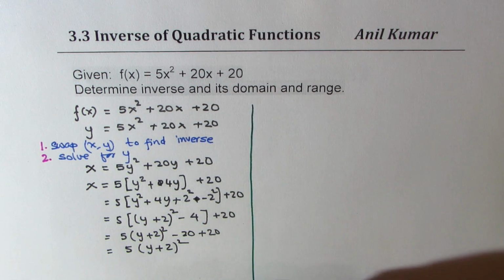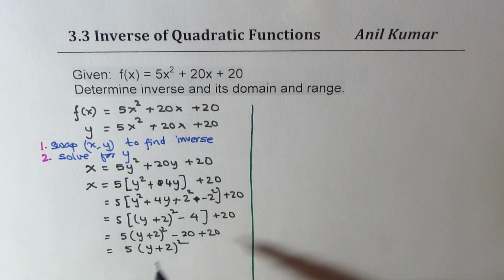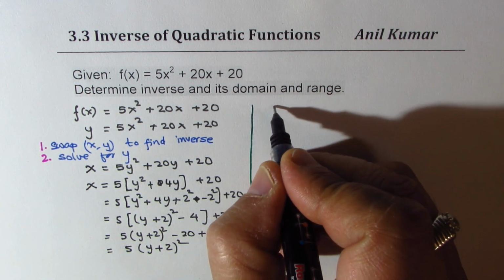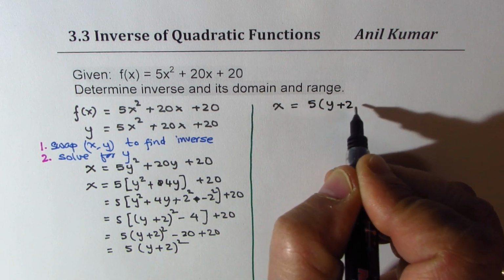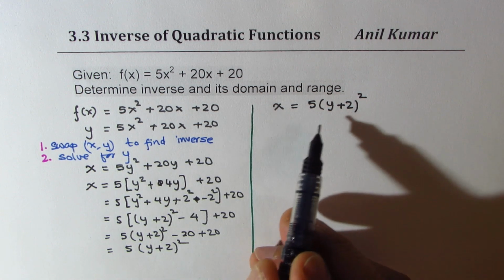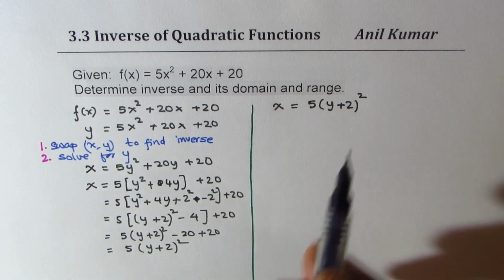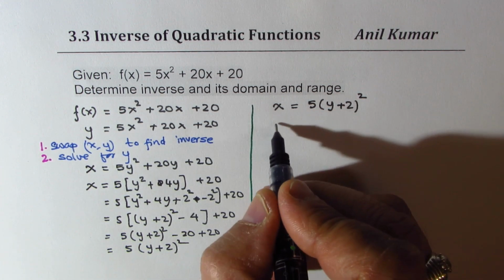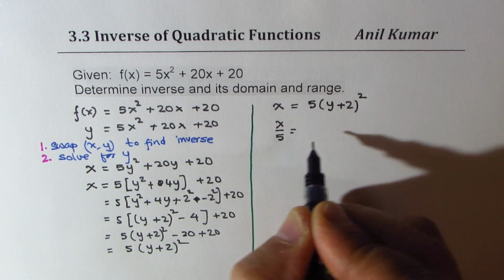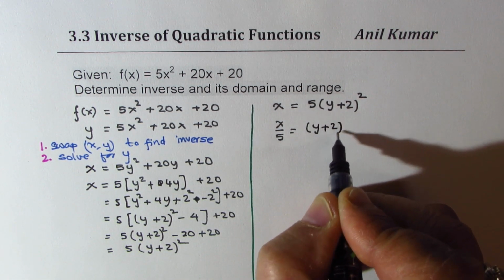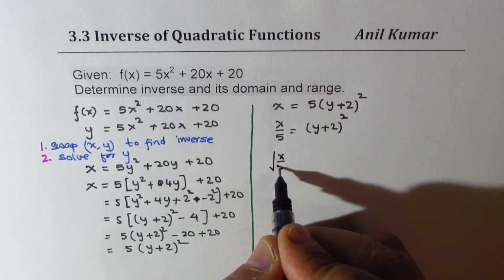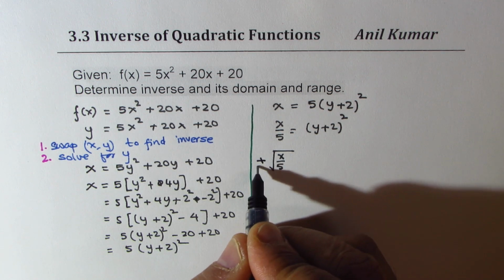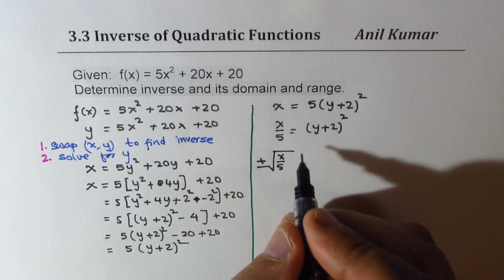Now let's work with this quadratic equation. So we have x equals 5 times (y plus 2) whole square. Now let us see how to isolate y. First step, divide by 5. So we get x over 5 equals (y plus 2) whole square. Now take the square root. So you get the square root of x over 5. Don't forget to put plus and minus both.